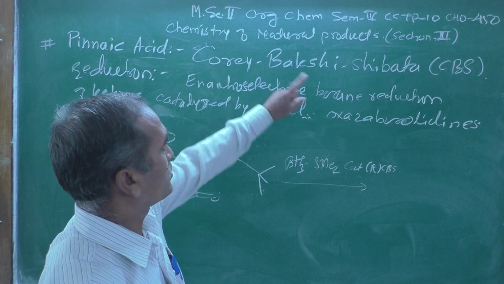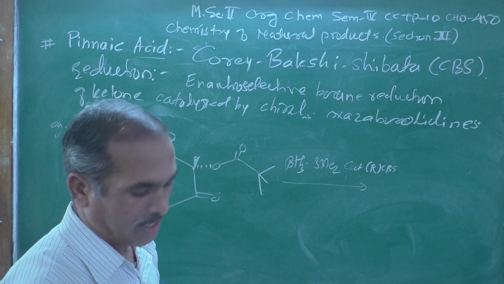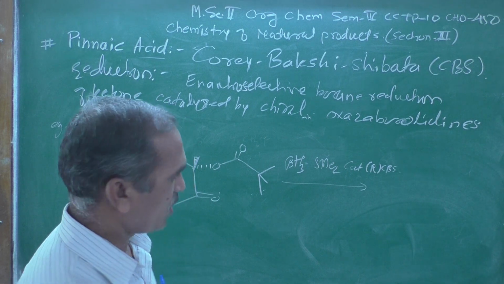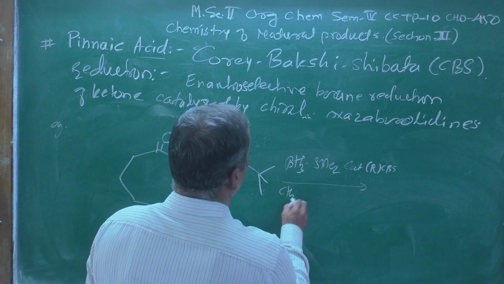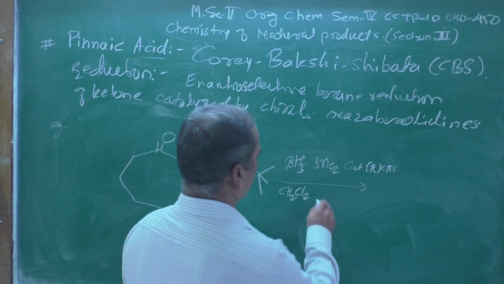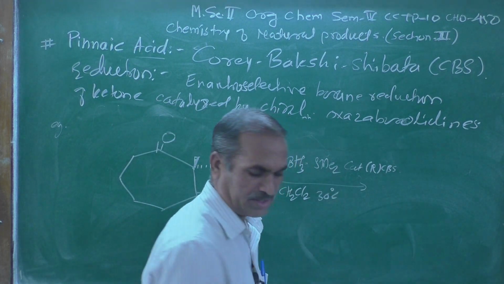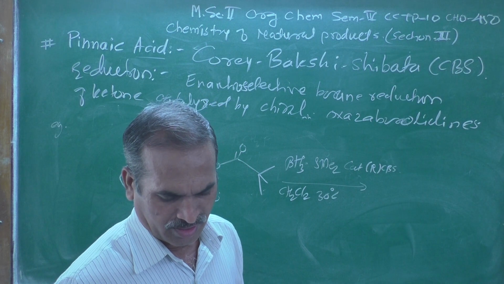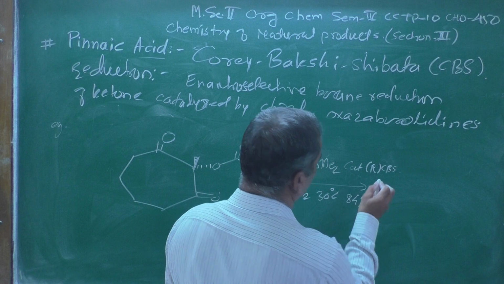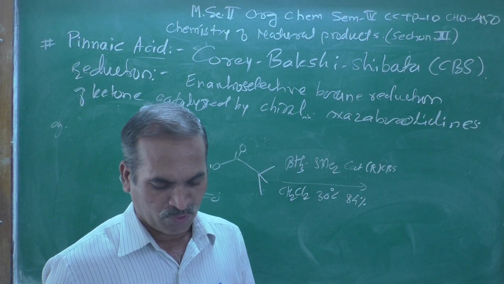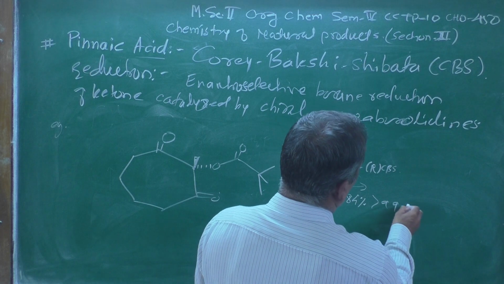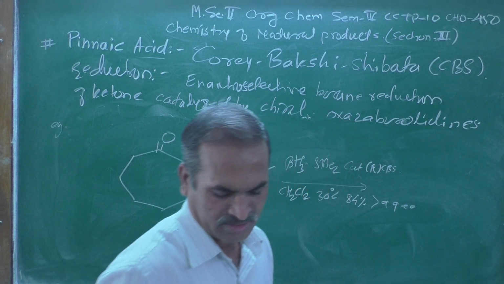CBS is nothing but Corey-Bakshi-Shibata, shortly known as CBS, and the solvent used is CH2Cl2, dichloromethane, temperature kept at minus 30 degrees centigrade, and the overall yield obtained is nearly 84%, with greater than 99% enantiomeric excess.